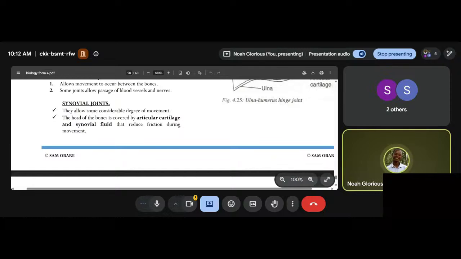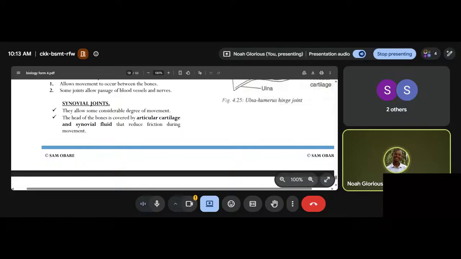Another one, it is rich in supply of nutrients, because the fluid is like blood plasma. It supplies nutrients to nourish the bones. It also acts as a shock absorber.